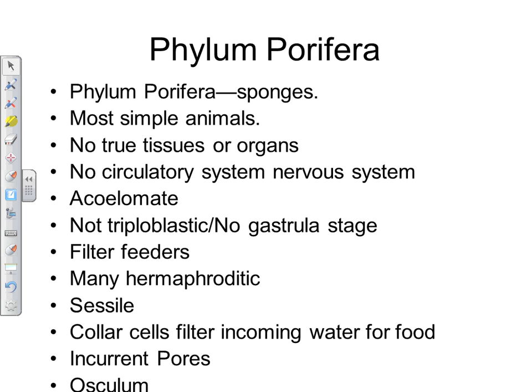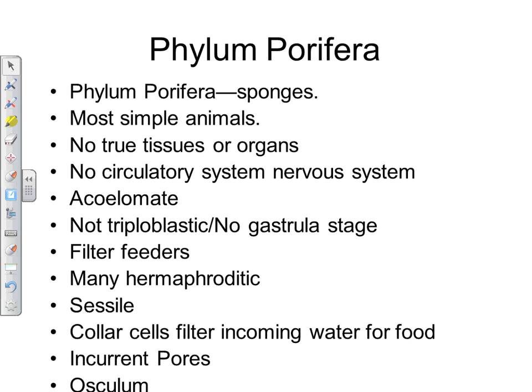What comes before tissue? Cells. They're just a clump of cells. No tissues, no organs. They're not very organized. They have no circulatory system or nervous system. No brain, no spinal cord, no heart, no blood vessels. They don't even have a body cavity because they don't need it. They don't really have any organs.